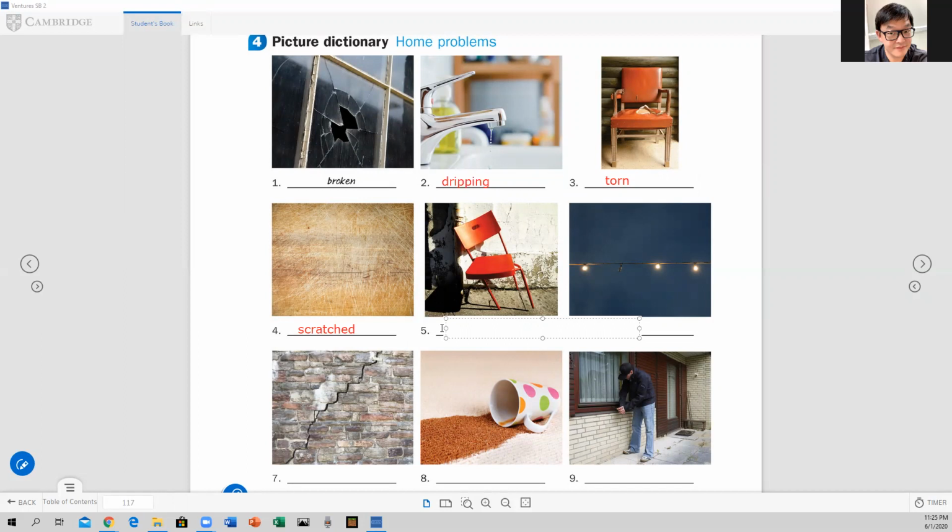Picture number 5. Do you know what's going on here? Bent. Picture number 6. What's the home problem here? Look, this one. Burned out.